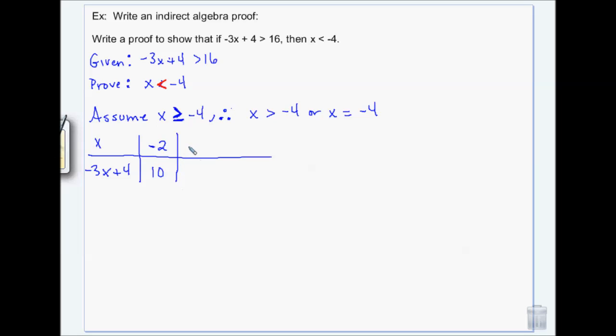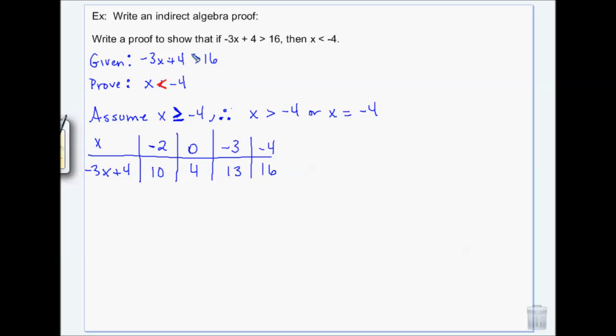I could plug in 0, that's greater than negative 4. I might plug in negative 3. That's going to give me 9 plus 4, which is 13. If I plug in negative 4, because I did say or equal to, so I need to test that one as well, I'm going to get exactly 16.